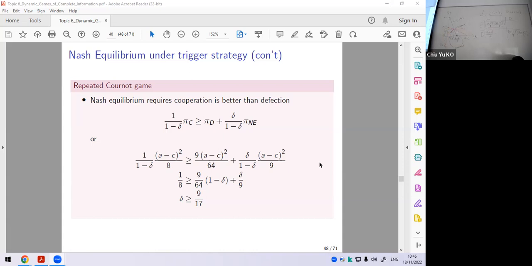Is that clear? The reason is that if you are not so patient, that means this gain is large, right?